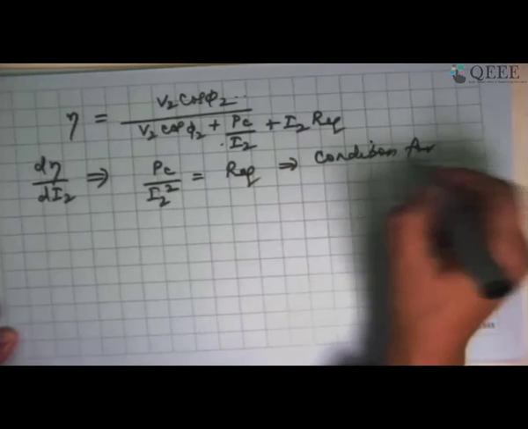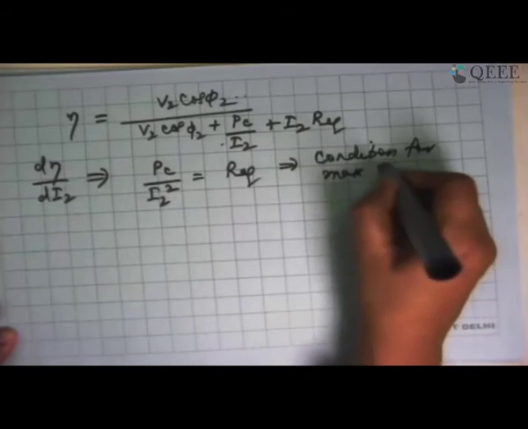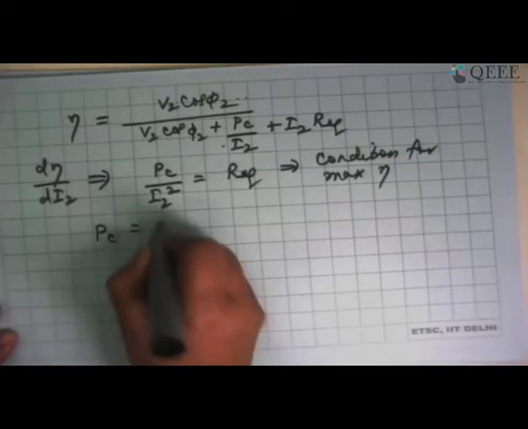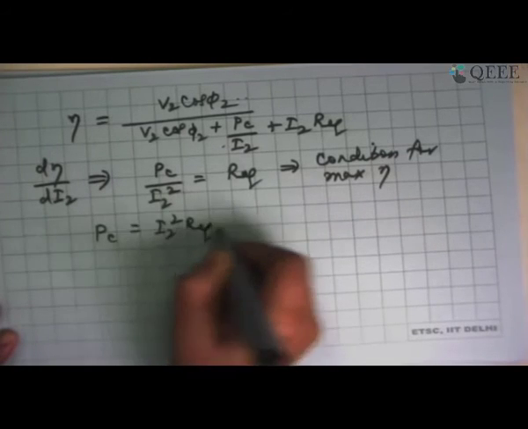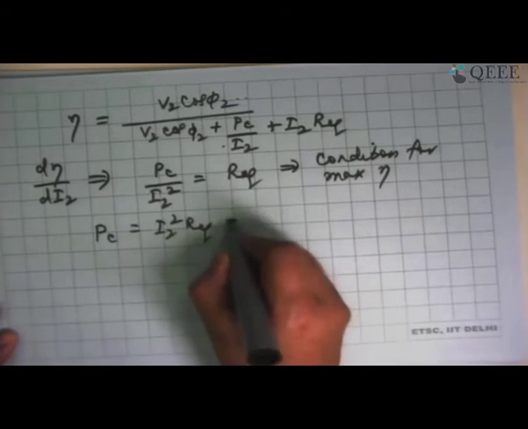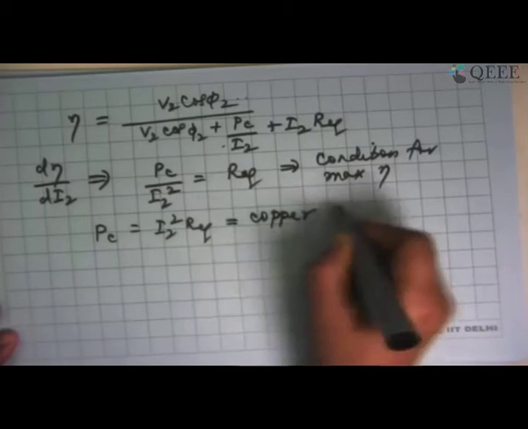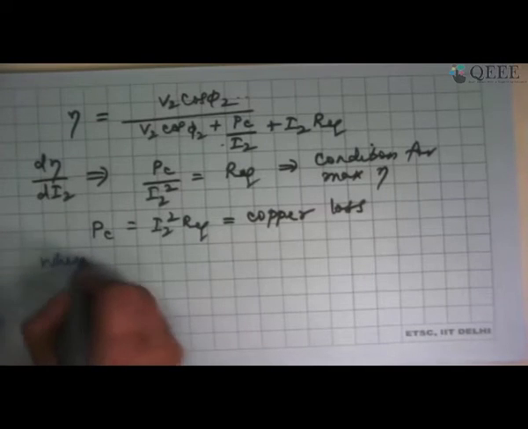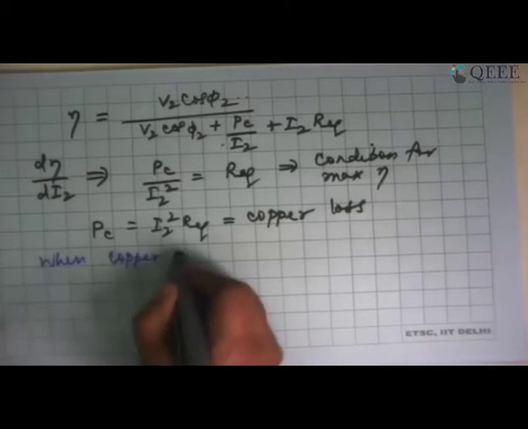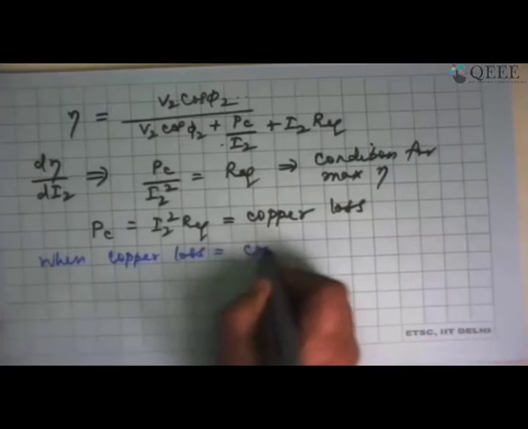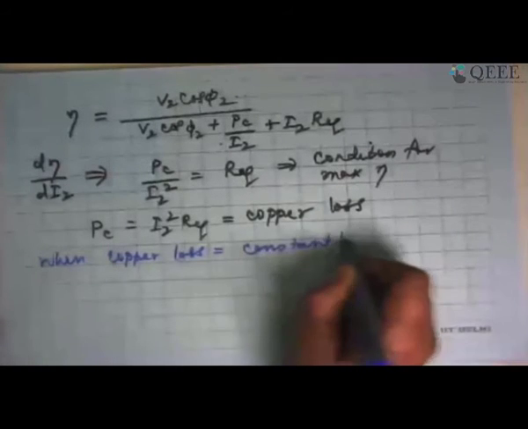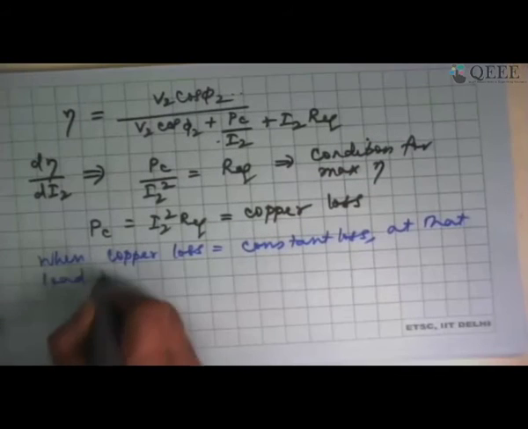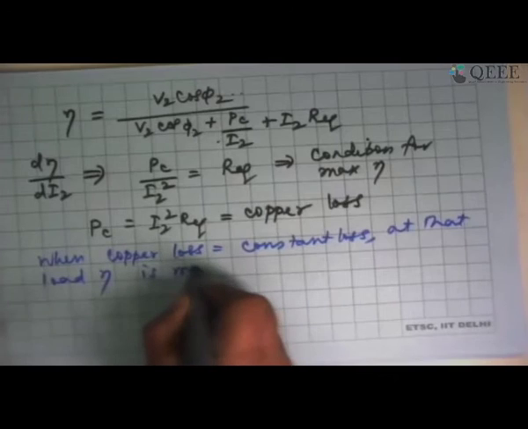I hope all of you are familiar with calculus, so you should be able to differentiate. It should not be a problem. So PC equal to I2 square R equivalent, and I2 square R equivalent is copper loss. So when copper loss is equal to constant loss, at that load the efficiency is maximum.